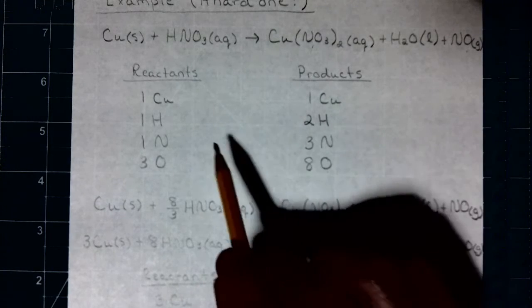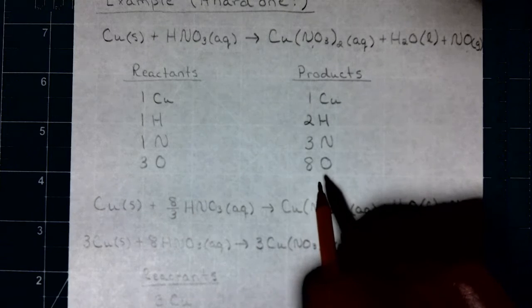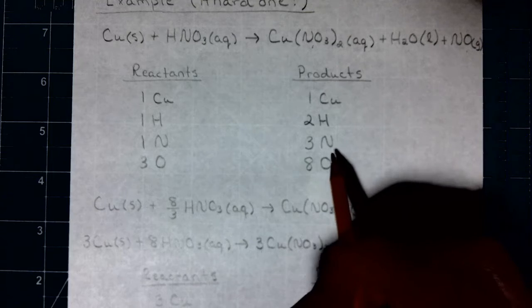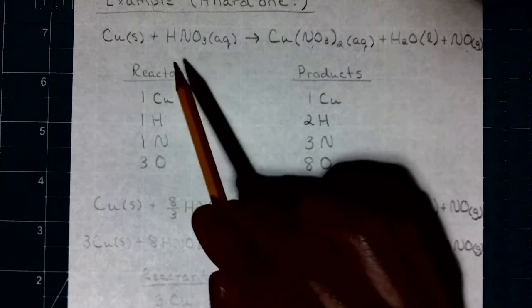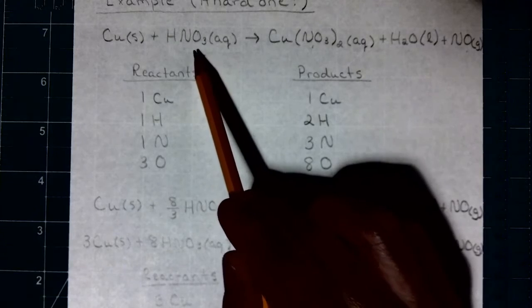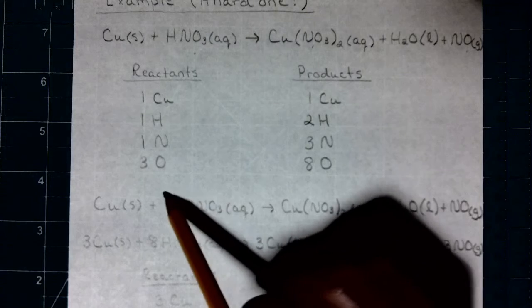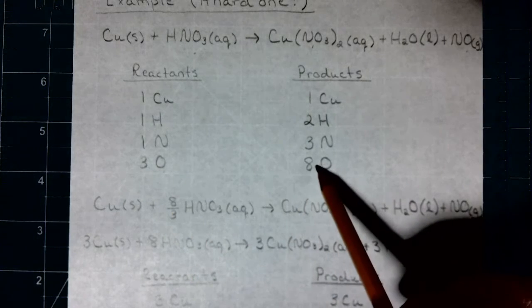Now, if I'm trying to balance this, the first thing I might say is there's a lot more oxygens on this side than there is on this side. I wish there were more oxygens on this side in order to get this to balance. But that's really kind of tricky because I got a 3 here, I got an 8 here.